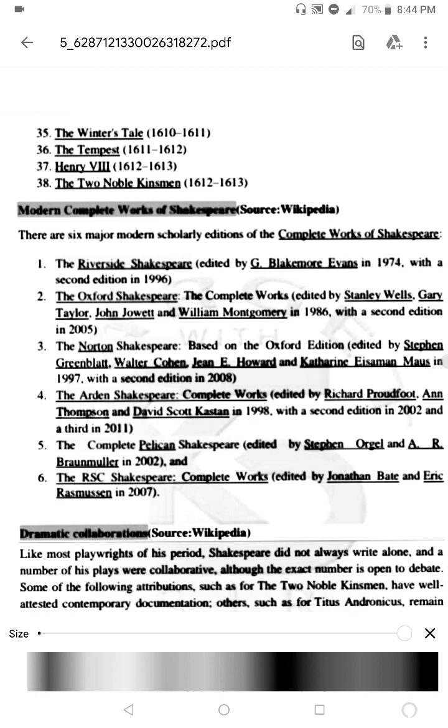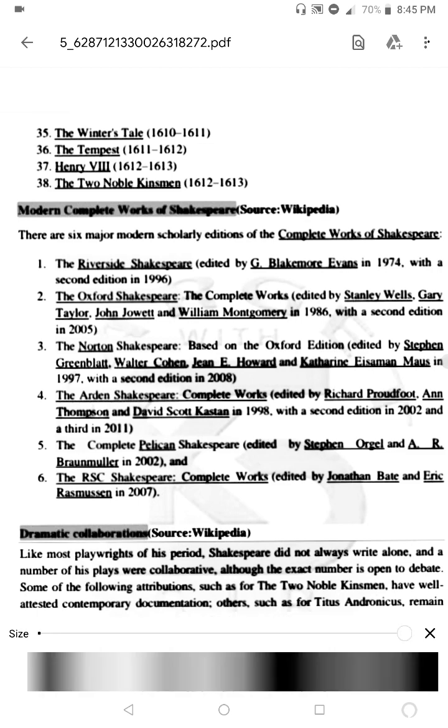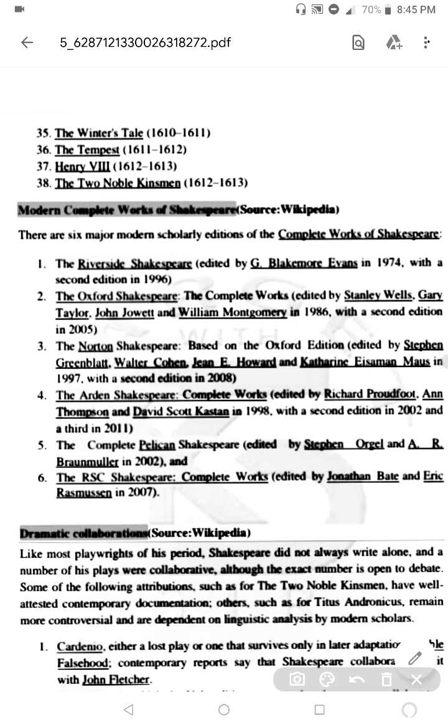The first major work is the Riverside Shakespeare. It was edited by G. Blackmore Evans in 1974 with the second edition in 1996.